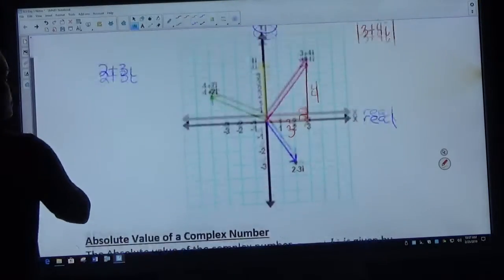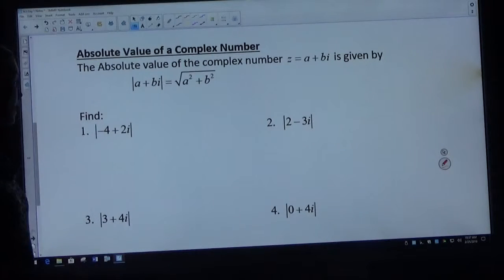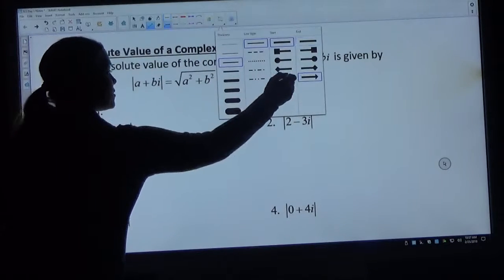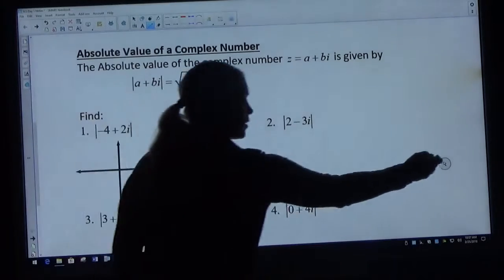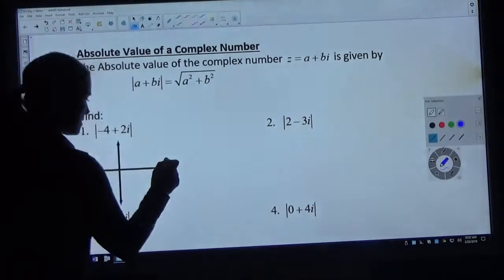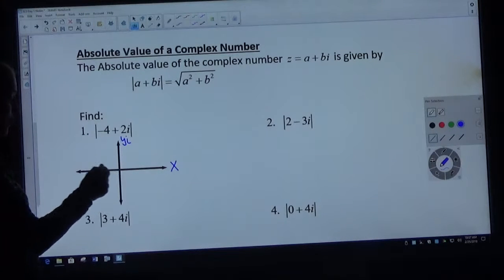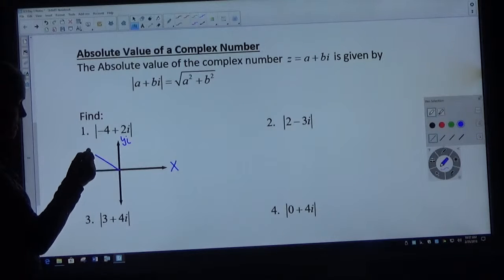So if we look down below, let's look at maybe number 1. In order to find the absolute value, I would sketch the imaginary number. This is my x-axis, my real, my yi. If I go left 4 and up 2, this is where my vector will end up.